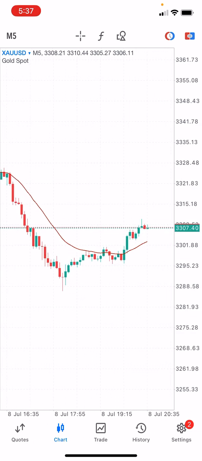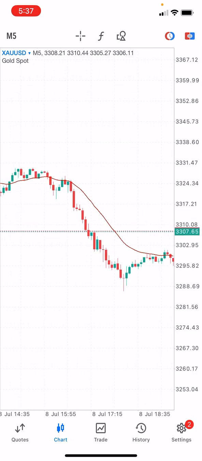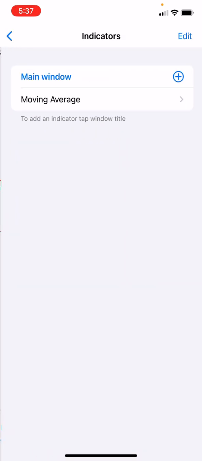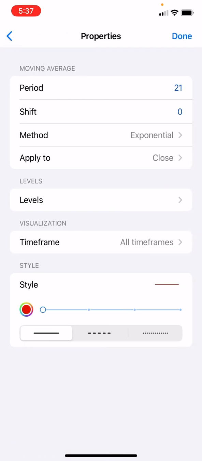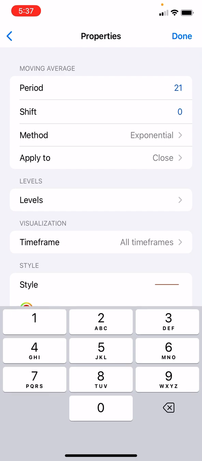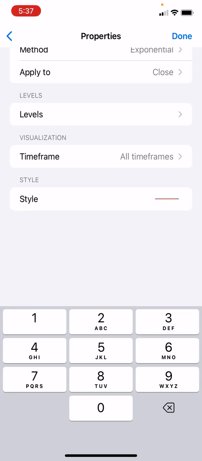This is the slow moving average. Now we look for the second moving average. We go with the same F icon, click on main window, moving average, then we change the period to 10. The second moving average is 10, exponential, apply to close, and then we pick blue for this one.